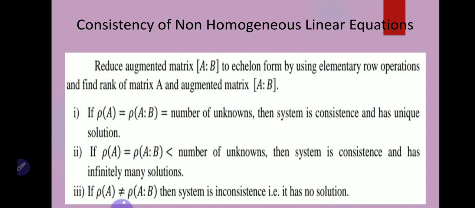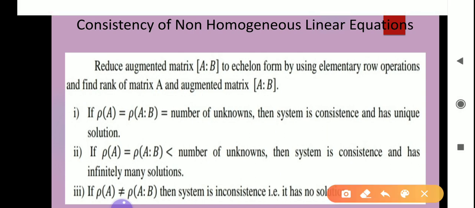So what is the procedure, how to solve the problems? Our first step is to write the given system of linear equations in matrix form, that is Ax is equal to B. Then write the augmented matrix AB, and after writing it, reduce the augmented matrix AB to echelon form by using only elementary row operations, and find the rank of matrix A and the rank of matrix AB.